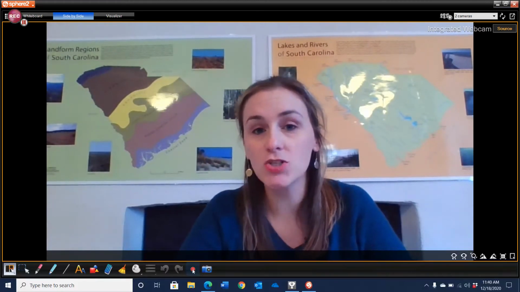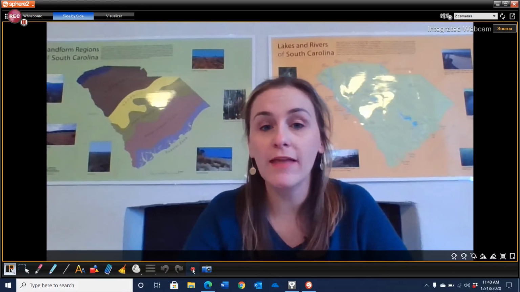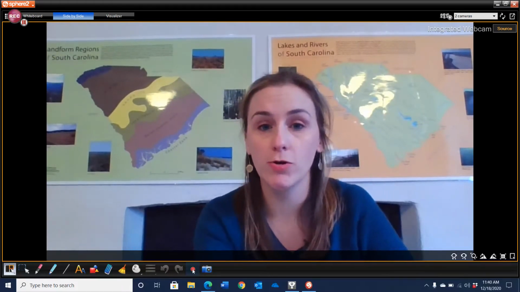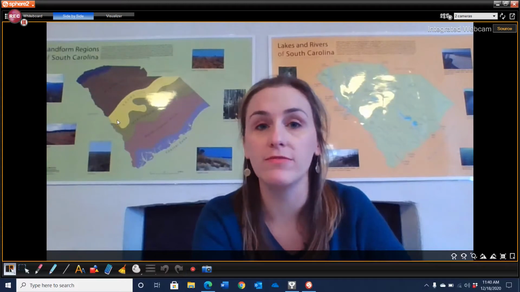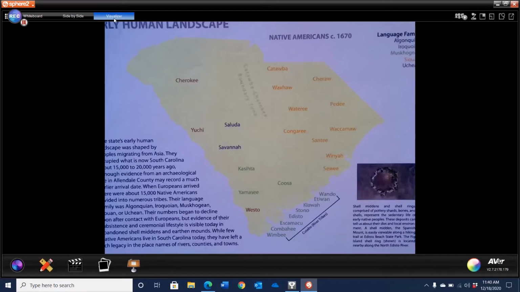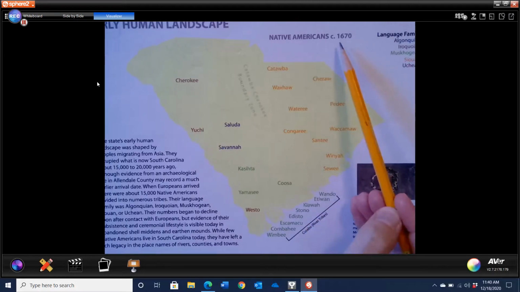And so I'd like to start with a map where we look at the different Native American groups that were once all living in the state of South Carolina. If you look at this map, this is actually from the South Carolina Geographic Alliance, and it is a representation of the Native Americans that would have been living in what we now know as South Carolina in about 1670.